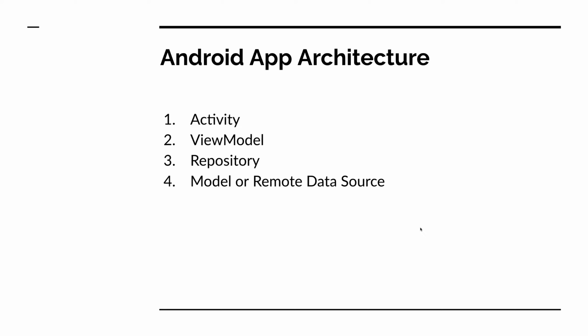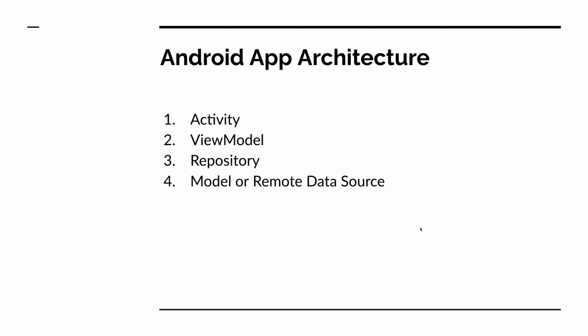Then the model or the remote data source is something that the repository could talk to, where a model would be a local database, like a local SQLite database, and a remote data source would be a server endpoint on the internet. So the overall flow would go from activities, your high level manager. View model is holding all the data.